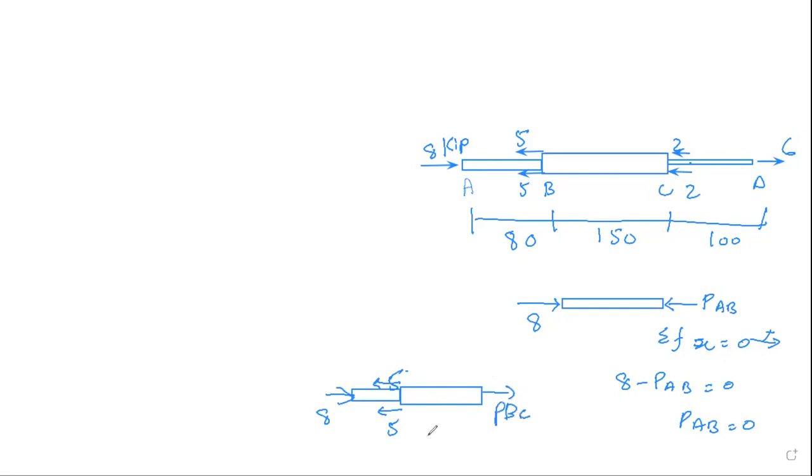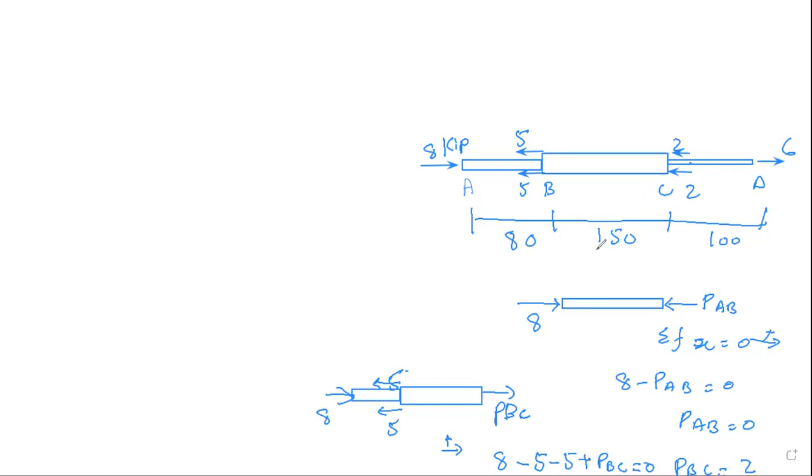Using the equation, we say that in this direction positive, so 8 will be positive, minus 5, minus 5, plus PBC equals 0. Then by solving this equation, PBC will be 2, positive. So our assumption is correct.